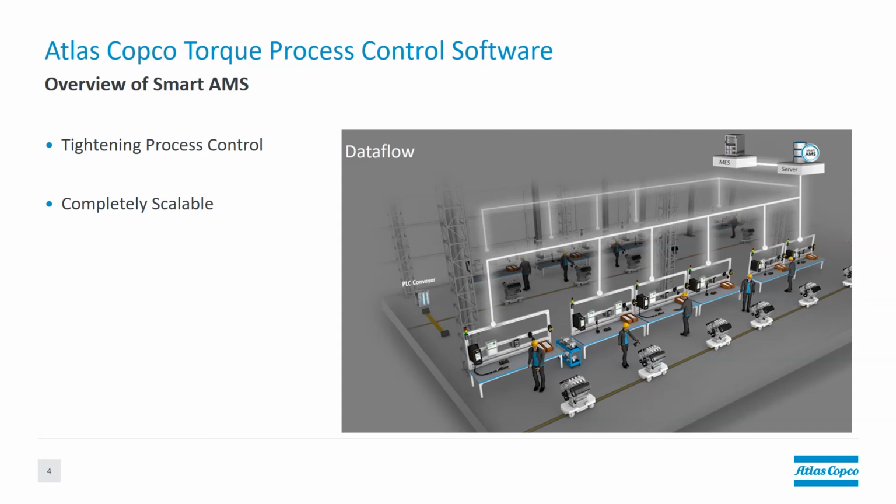Thus, the scalability from one station to a complete production facility becomes extremely effortless. And it's easy to use. The easy-to-use Smart AMS enables a setup without the need for industrial PCs on the shop floor, as well as a web-based configuration tool with drop-down menus.